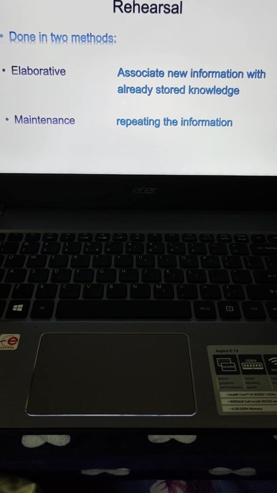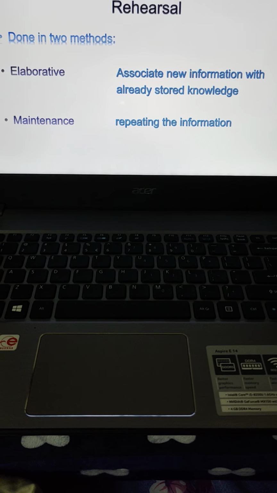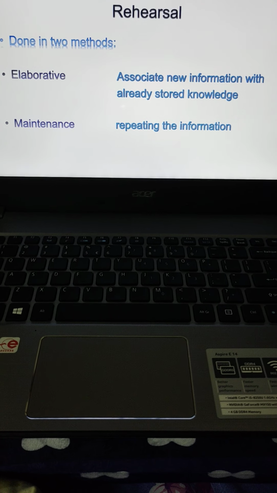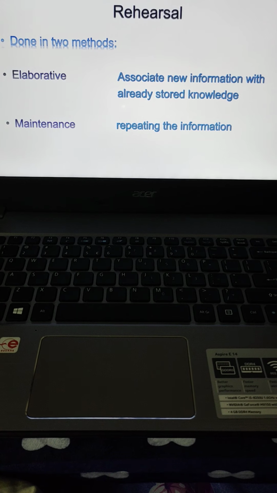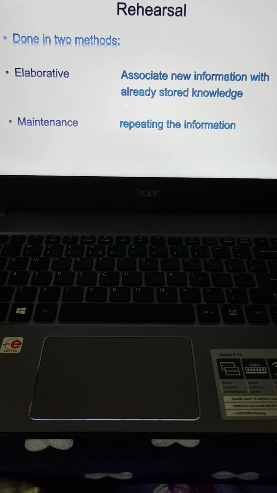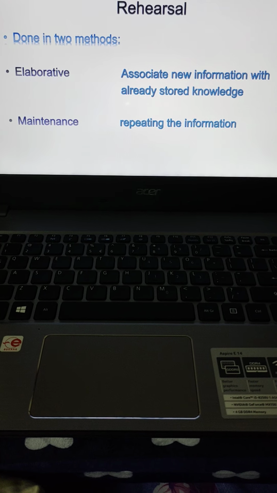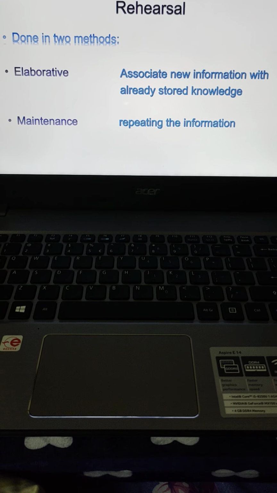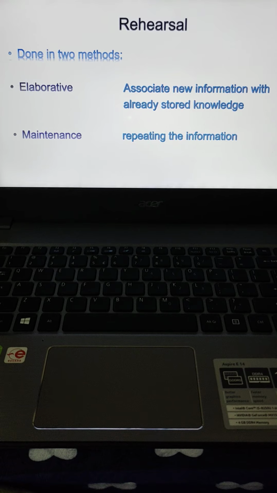Something like we attach new information that we just gained to already known information that is stored in our memory. The second one will be maintenance. Maintenance is something like you keep repeating an information again and again until it is stored in our long-term memory.